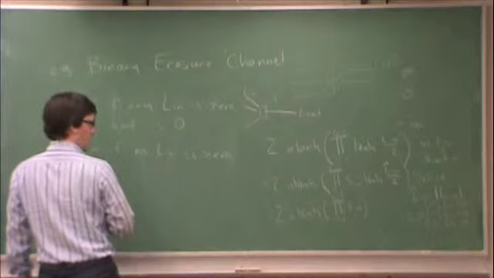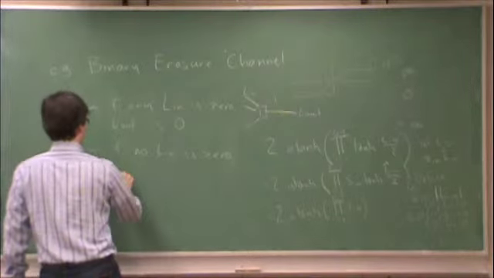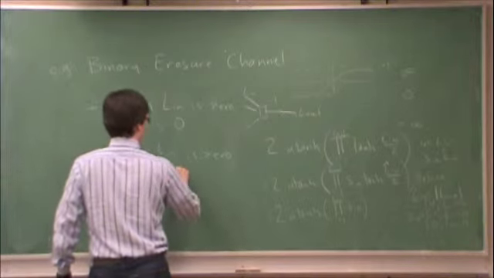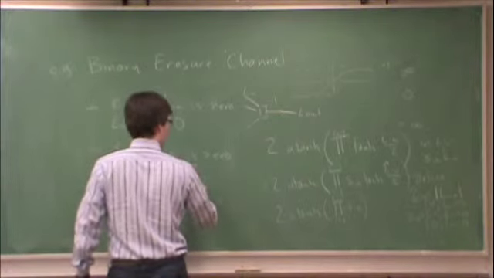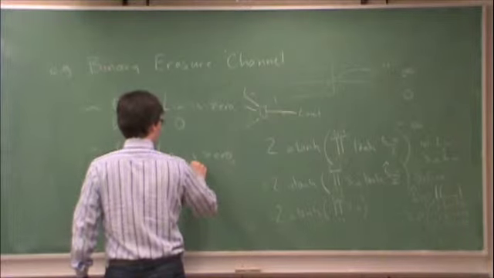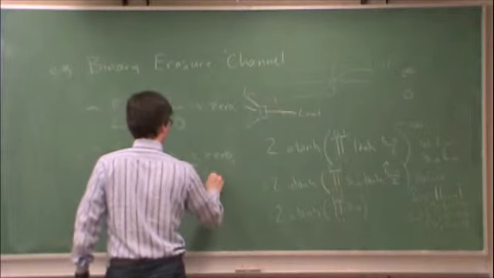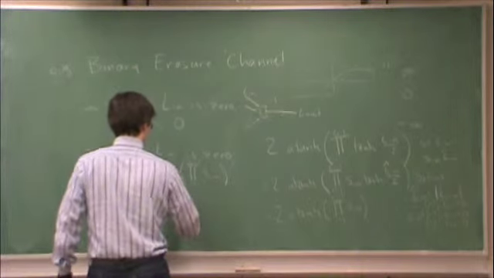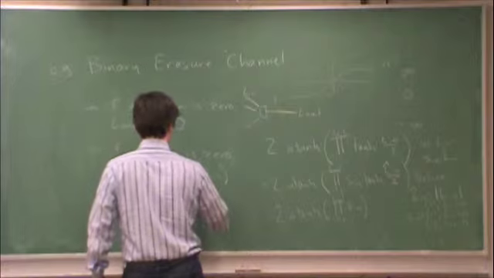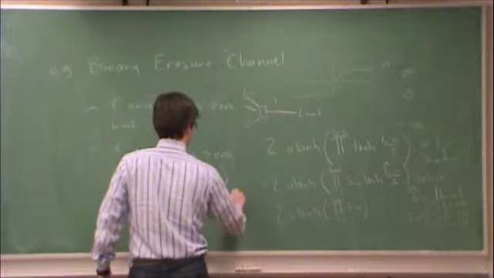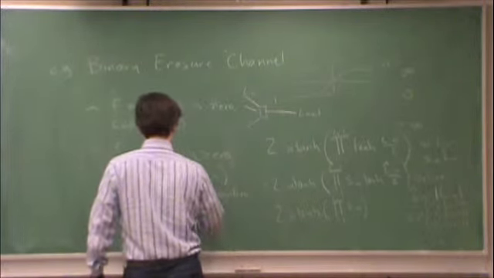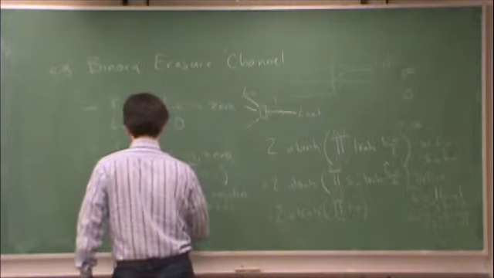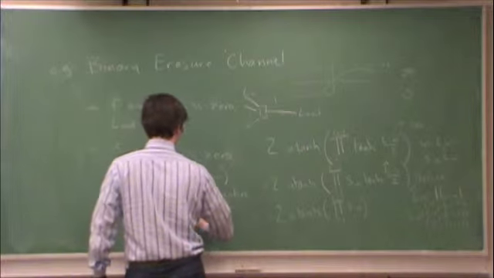If no L in is 0, then L out is equal to 2 arctan H of the product of the signs, which is equal to +infinity if the number of negative signs is even, and -infinity if the number of negative signs is odd.